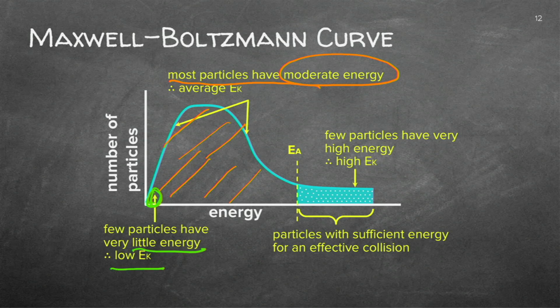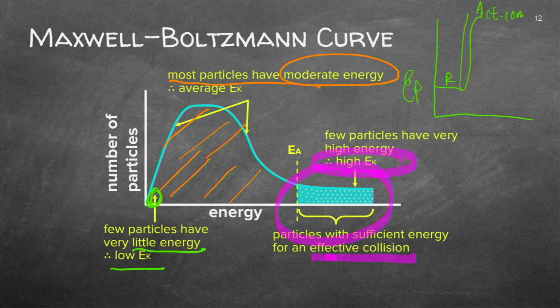And as I said, the ones that we are concerned with are the ones with effective collisions, or suitably high kinetic energy. I just want to take you back to the graph that we drew with the potential energy, the reactants, and we went up to the activated complex. Can you remember we just did that?